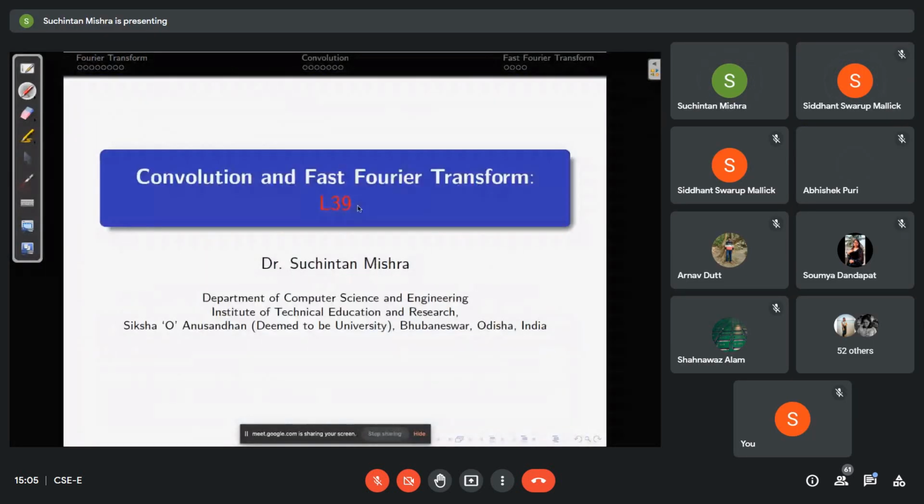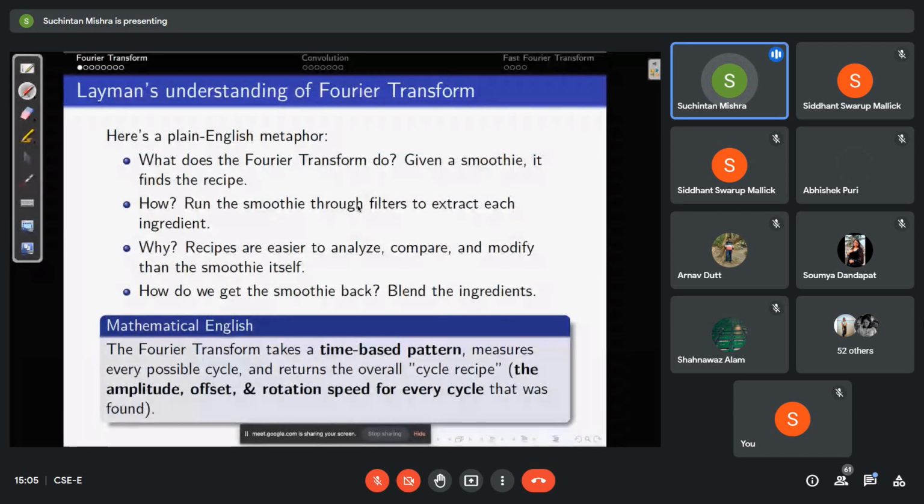Yes, sir. Yes. Let us understand what is the meaning of Fourier transform. Okay, so if you are not aware of signals and systems, let me just give you a basic understanding of what Fourier transform does. So if I give you a shake and I ask you to separate the fruits, the vice versa is very easy.